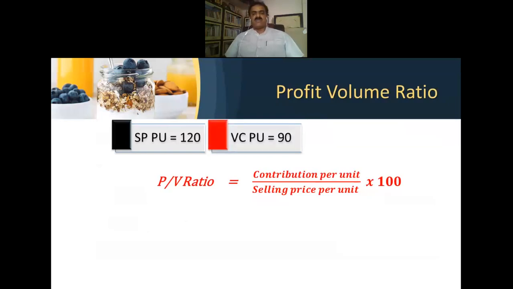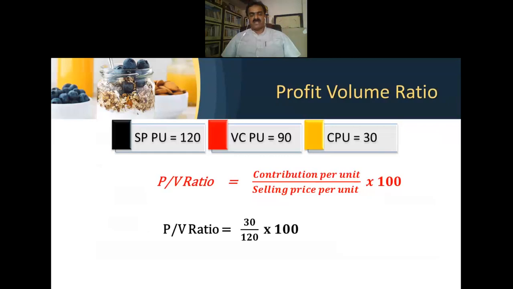Therefore, contribution equals 120 minus 90, that comes to 30 rupees. By substituting these values, contribution per unit divided by selling price per unit, you will get the same percentage, 25%. That's how we need to calculate this profit volume ratio if per unit data is given.